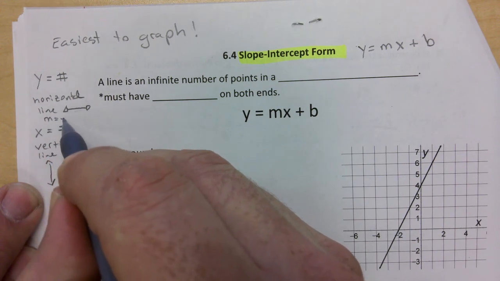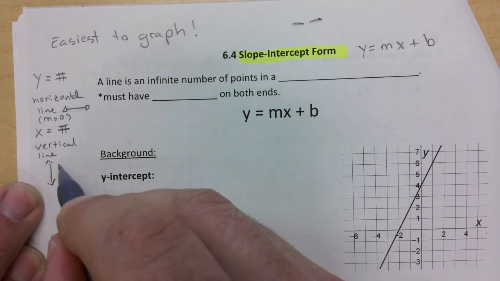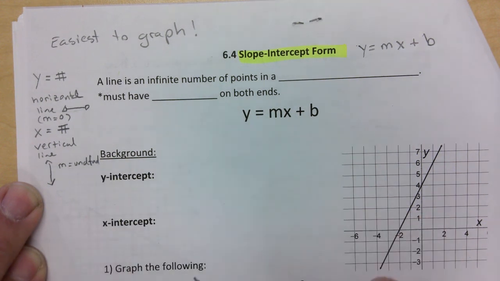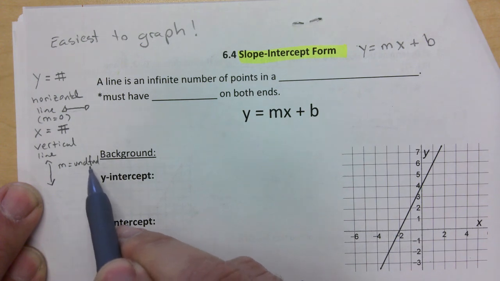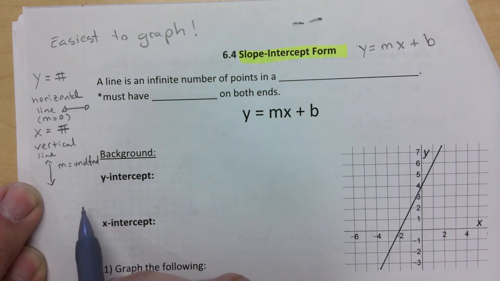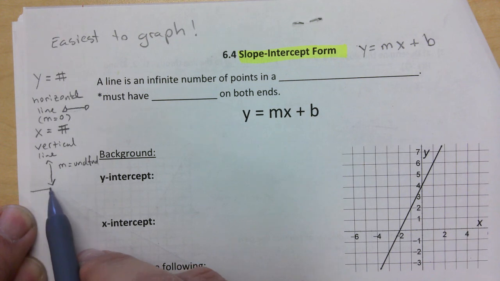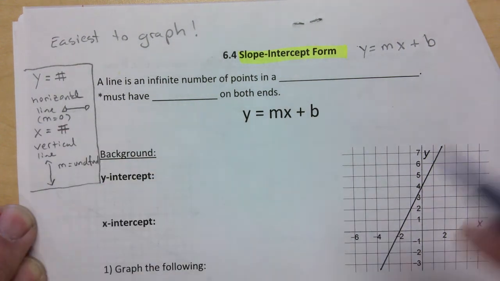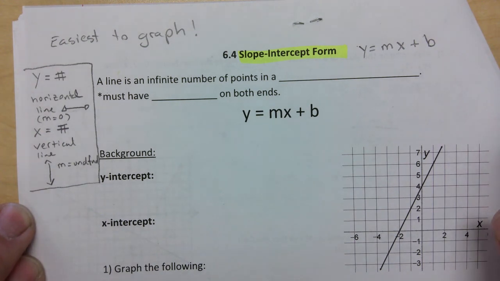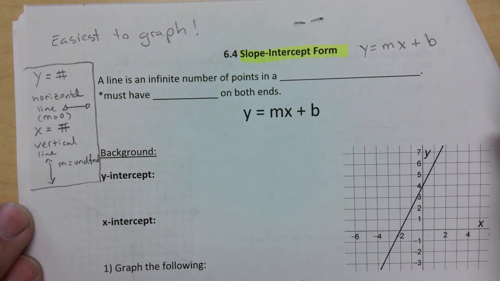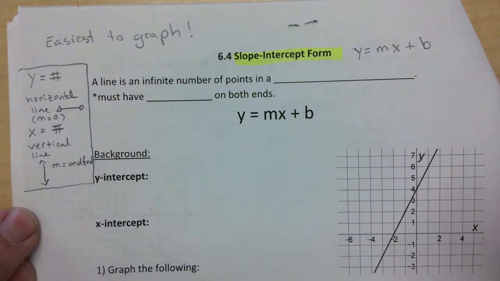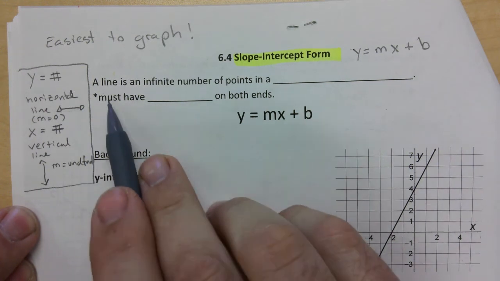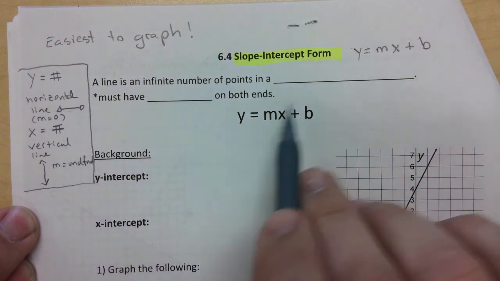Slope is equal to 0, and here slope is undefined. Okay, so this is something you need to just know. It's a fact, right? Now let's talk about this particular form here.